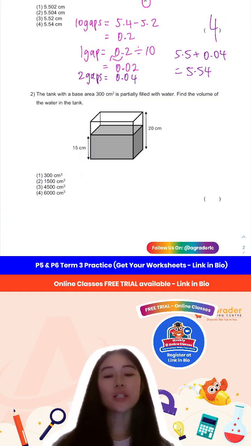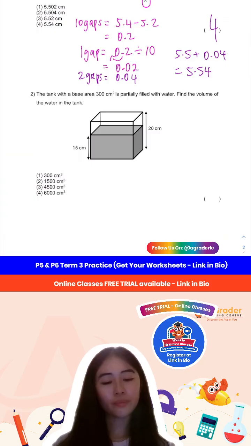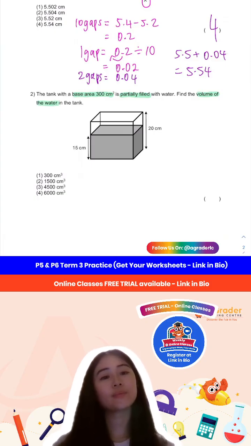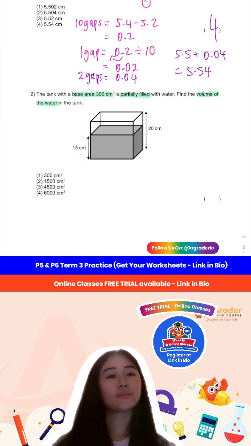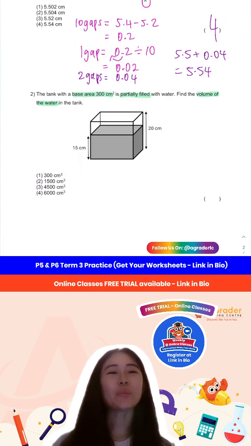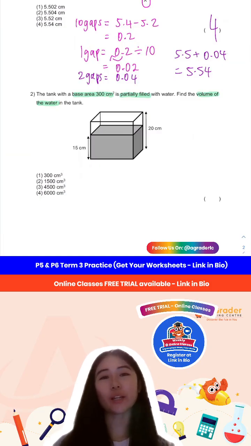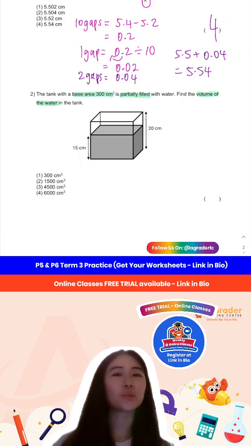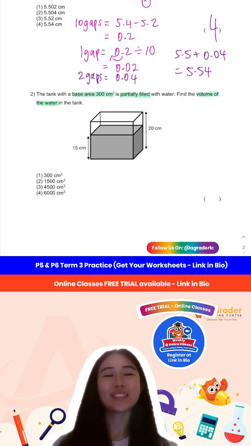So you can try this volume question. The tank with a base area of 300 cm squared is partially filled with water. Find the volume of the water in the tank. BPS, why so many workings for an MCQ question? If you can solve it without writing so many working steps, then good for you.